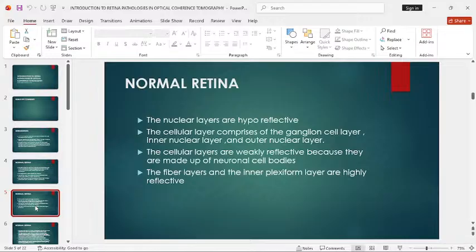They will not be as bright as other layers. And again, the cellular layers are weakly reflective because they are made up of neuronal cell bodies. So any structure in the retina that is made up of neurons will not appear brightly in the OCT, while the fiber layers and the inner plexiform layers are highly reflective.